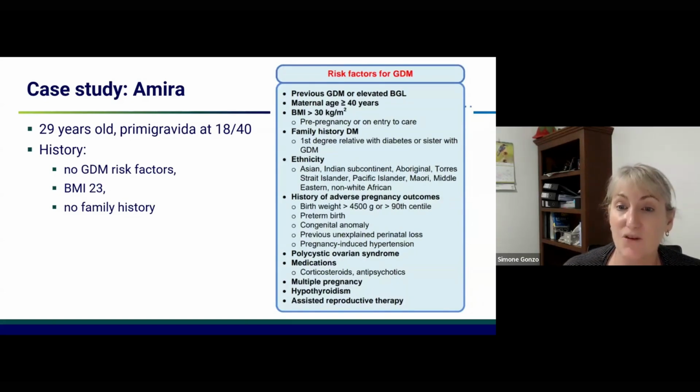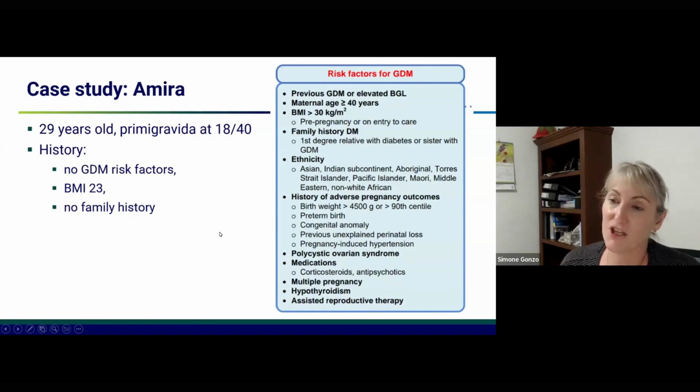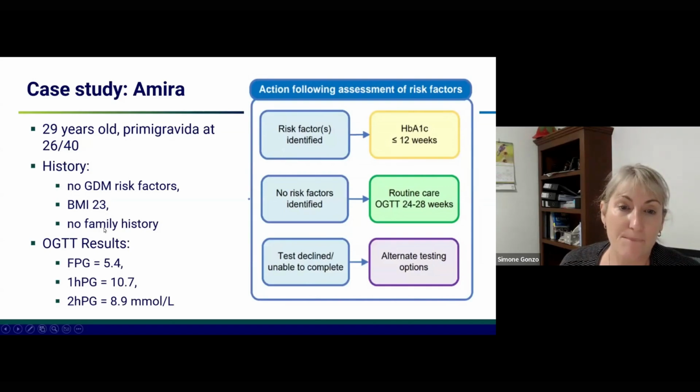So referring back to where she's sitting in terms of risk factors there, nothing on that list is being highlighted. So she just passes through to routine care at a glucose tolerance test at 24 to 28 weeks. So she doesn't have to have her HbA1c at less than 12 weeks.